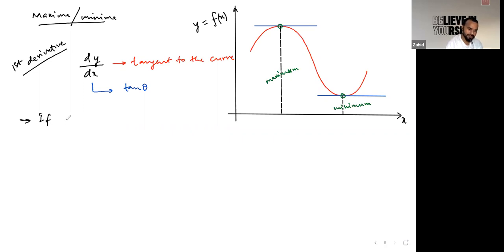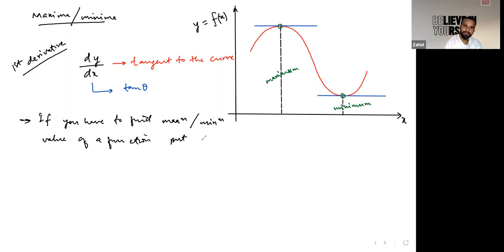So from this, I'm concluding that if you have to find the maximum or minimum value of a function, put dy/dx equal to 0.